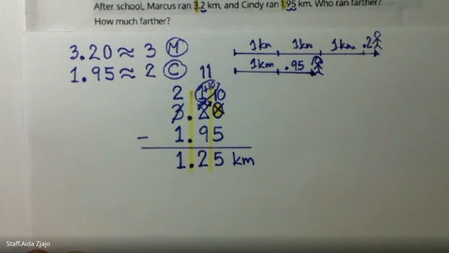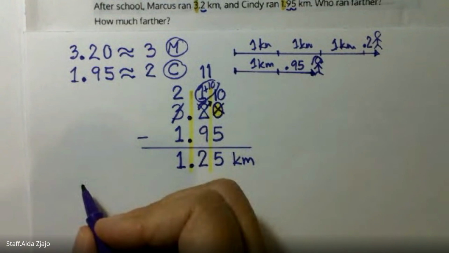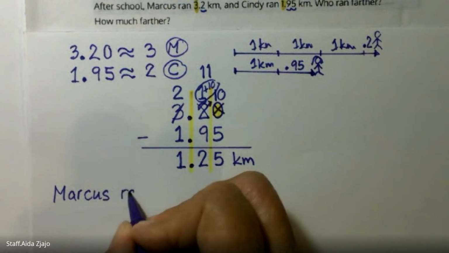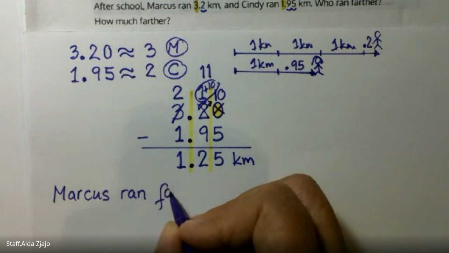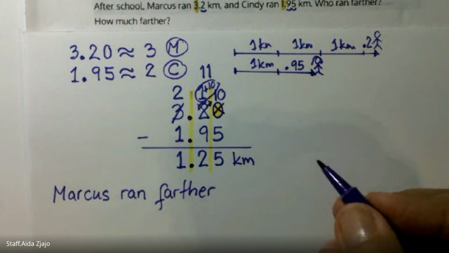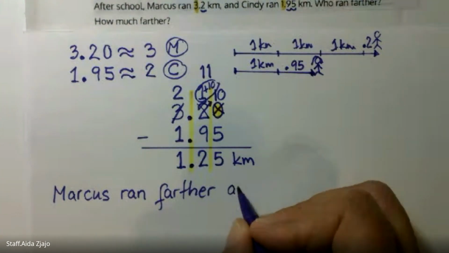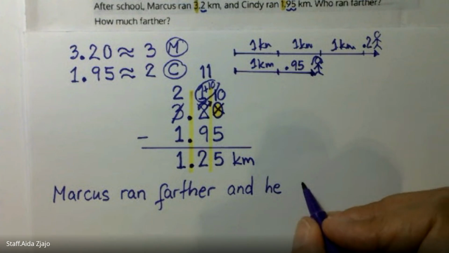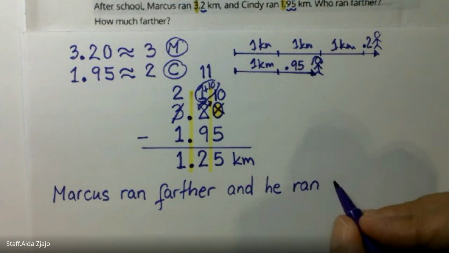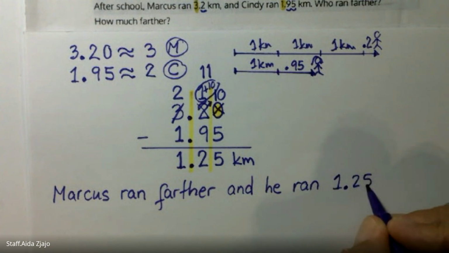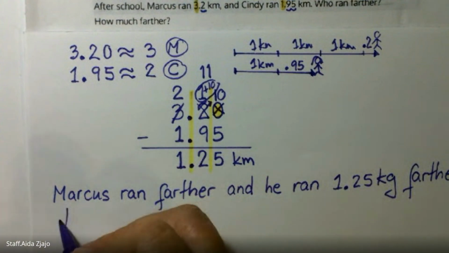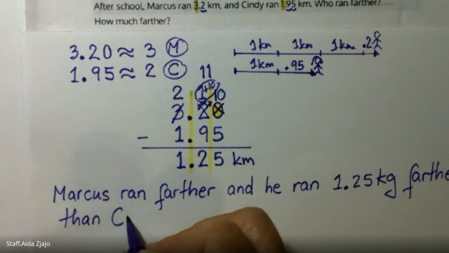So we can say Marcus ran farther, and he ran 1.25 kilometers farther than Cindy.